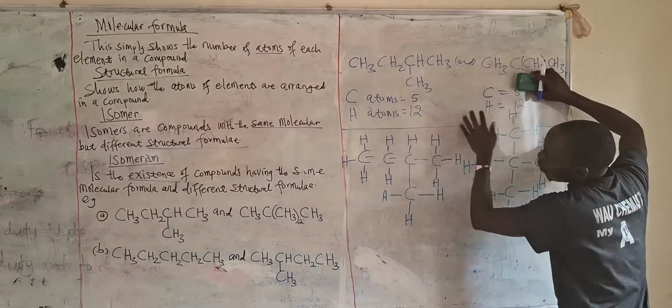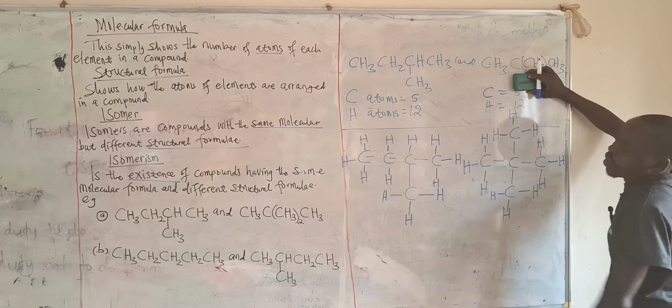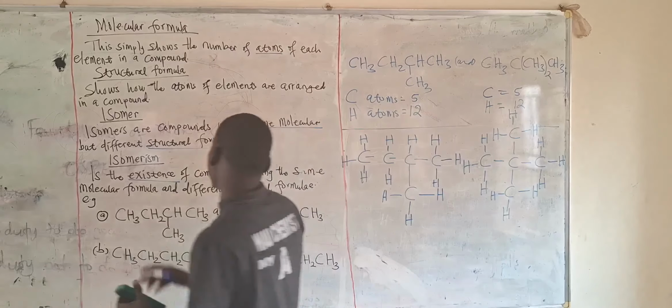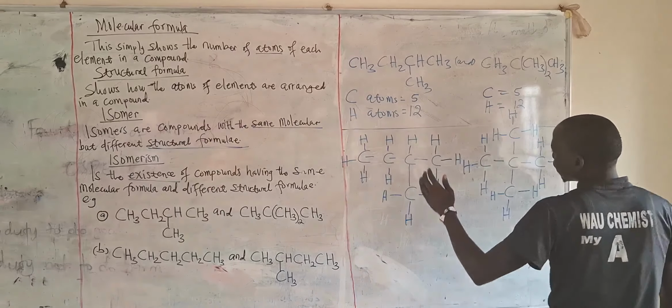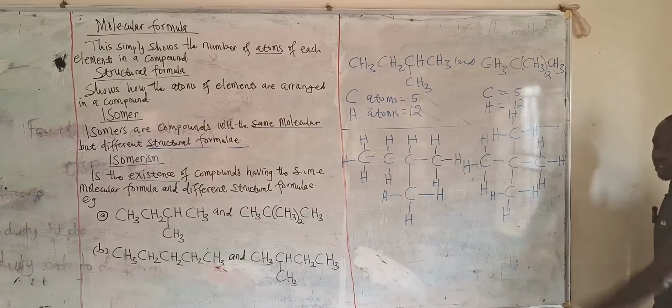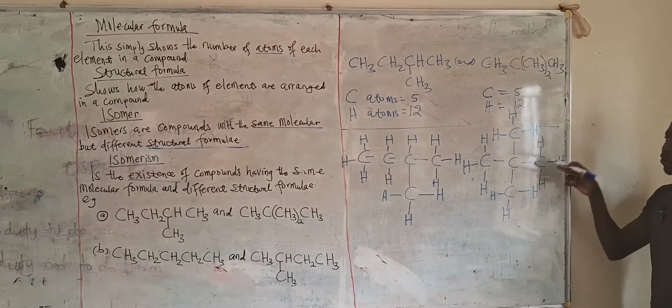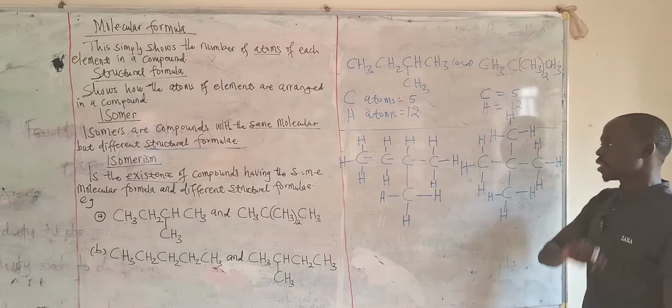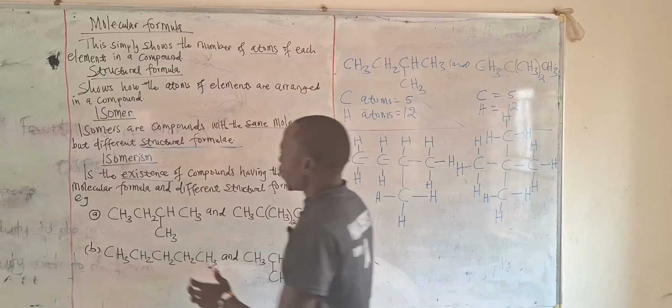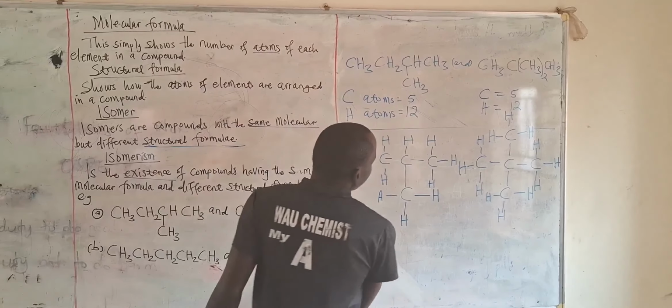The same number of what? Atoms. And with different what? Structural formulae. You are seeing very well that this compound and this compound, when you look at them, the arrangement of atoms of different elements are different. So that's what you have to know about isomerism.